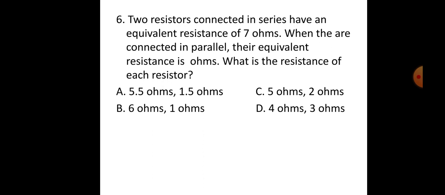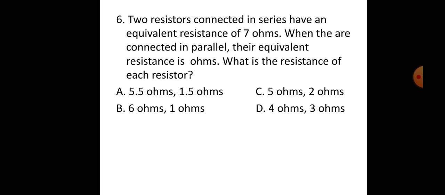Question number 6. Two resistors connected in series have an equivalent resistance of 7 ohms. When they are connected in parallel, their equivalent resistance is 12 over 7 ohm.